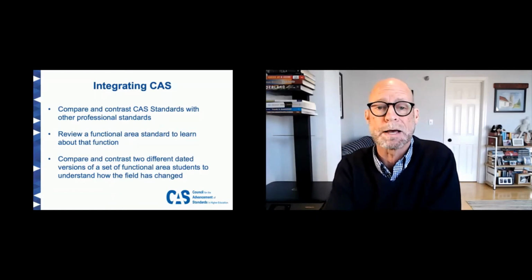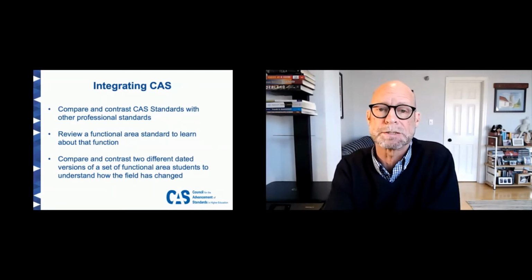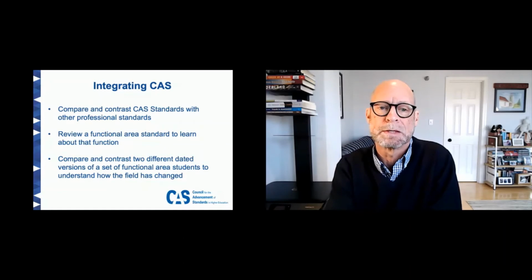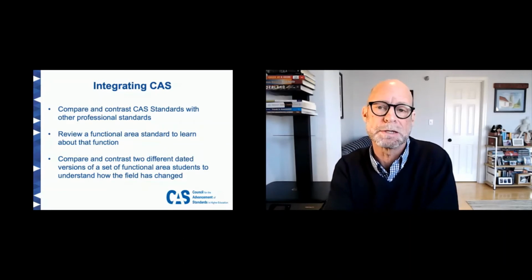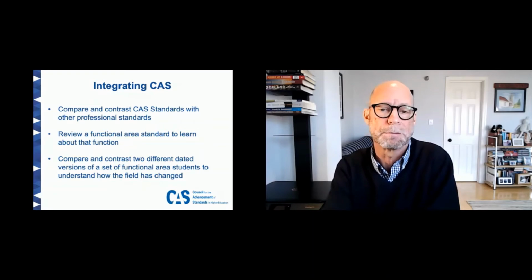There could be an exercise to compare and contrast the CAS standards with those other professional standards. It's an interesting discussion to take a look at. Have students work through how the CAS standards are different than the professional competencies. There easily can be built either an individual activity, group discussion, or a group project built around that.